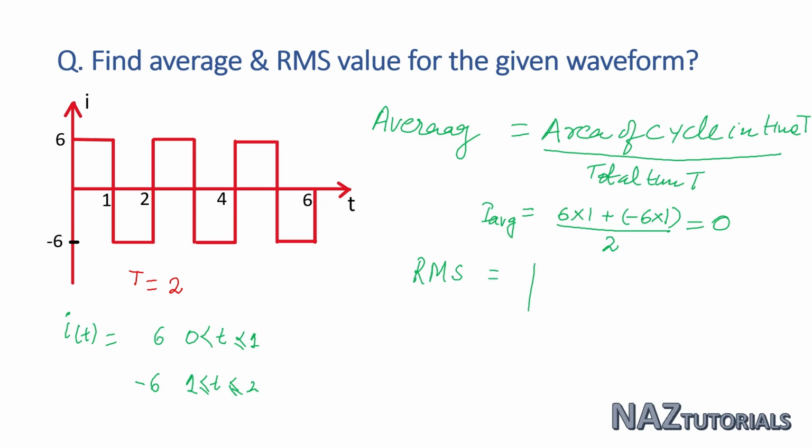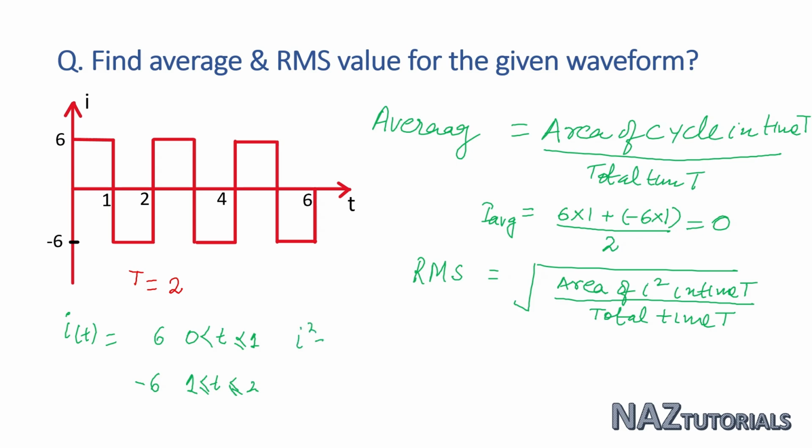The RMS value is the square root of the area of I square in time T divided by total time T. So here I square is 6 square for time 0 to 1 second, and it is -6 square for time 1 to 2 seconds.